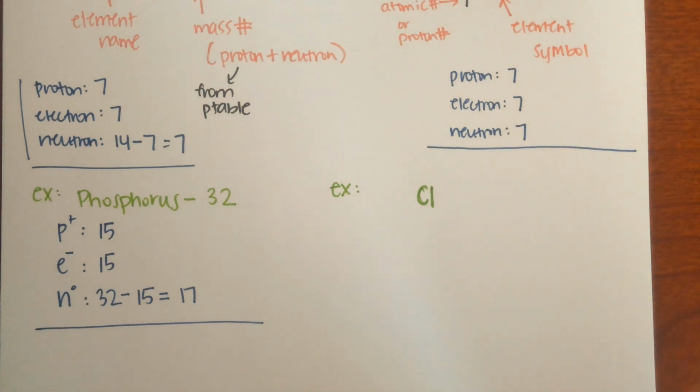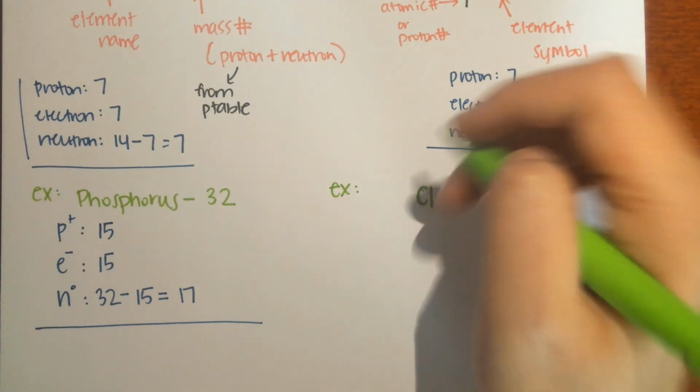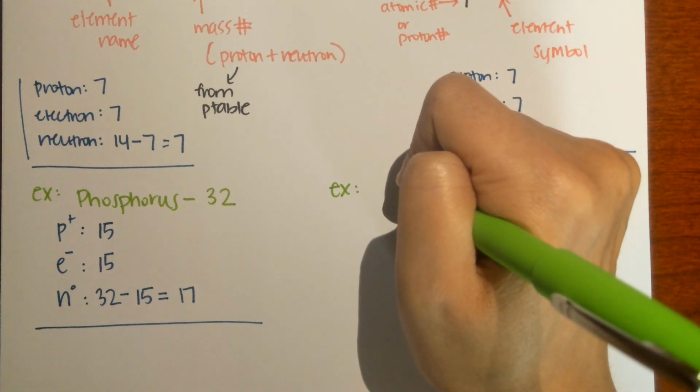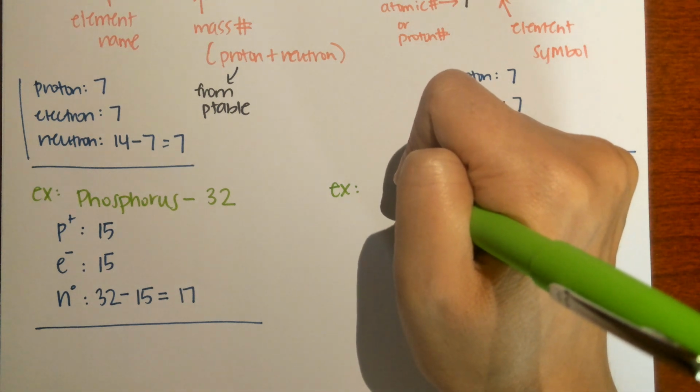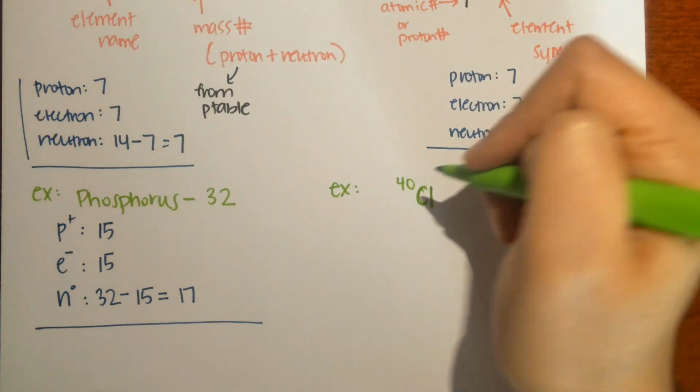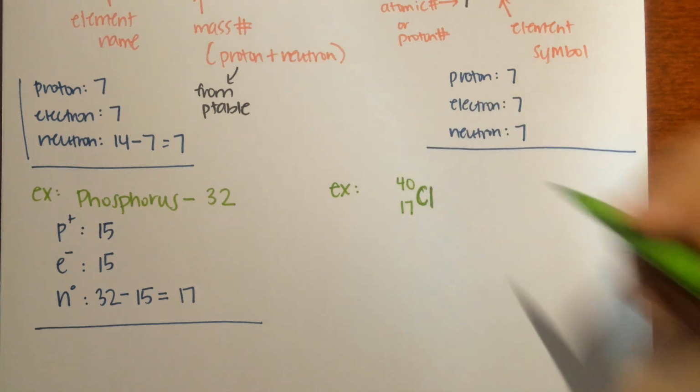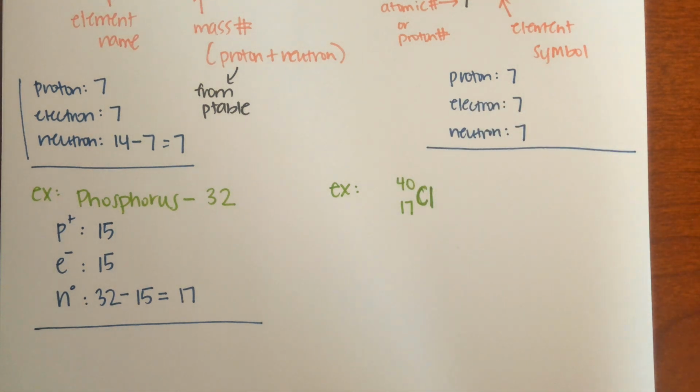There's no such thing as Ci in the periodic table. So chlorine, Cl, and I'm going to give you, let's say, 40 and 17. Alright, so I'm going to ask you to do your protons, neutrons, electrons.